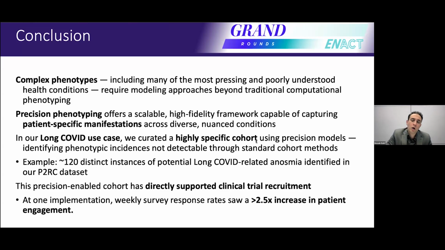For example, in one other implementation, we found that applying our precision path phenotyping resulted in a jump from under 1.2 patients per week to 3 patients per week in engagement from patients in filling out long COVID-related surveys.